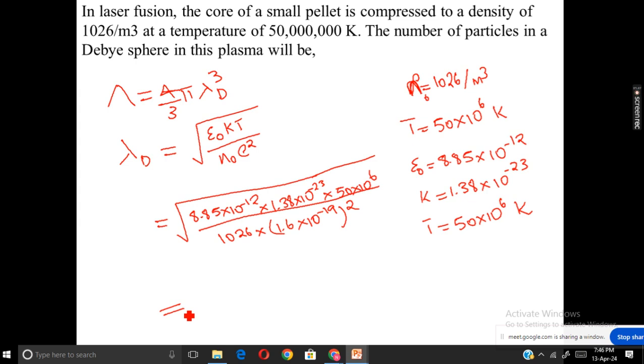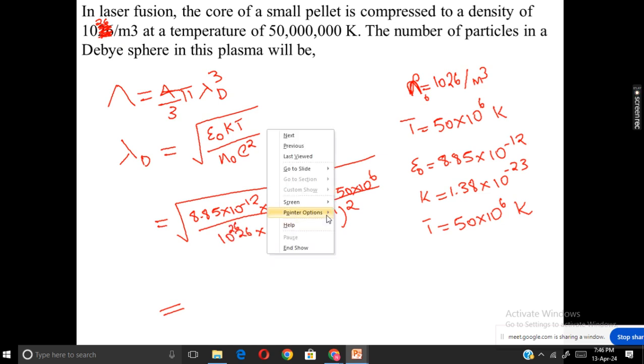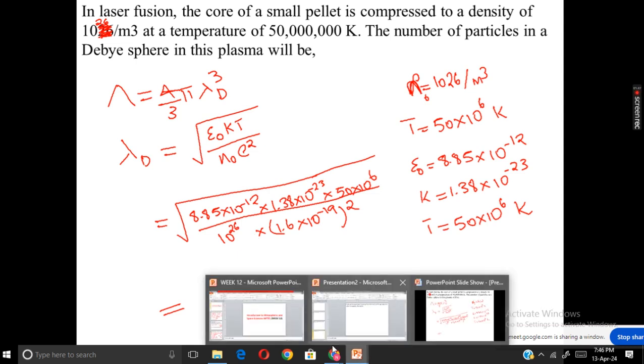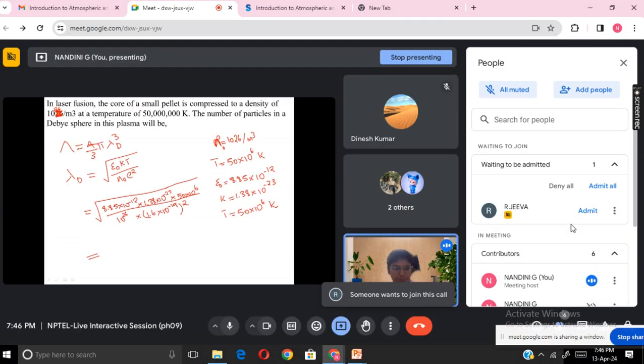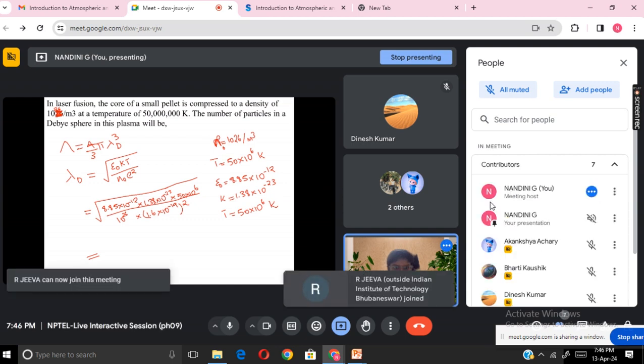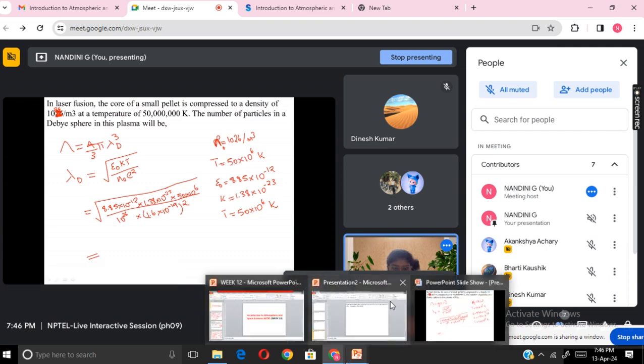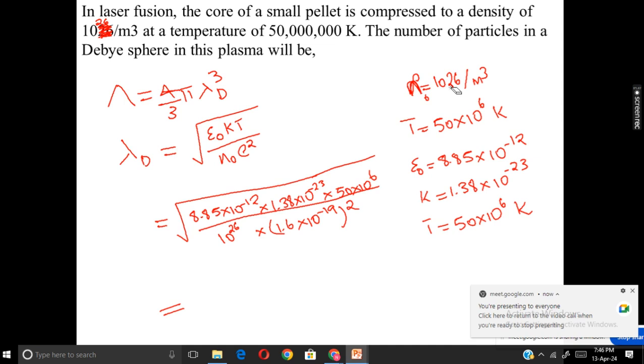Okay, just a minute. It is 10 raised to 26, not 1026. Electron density n0 is 10 raised to 26 per meter cube.